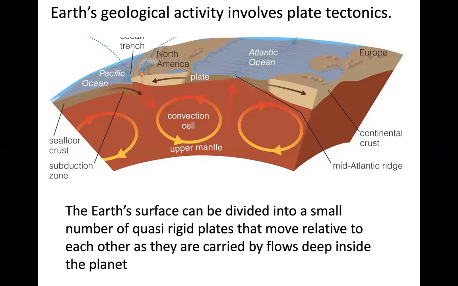The other way it happens is you can have a place where there is some material in the mantle that wants to go up, producing a hotspot that wants to create a volcano. But because these plates are moving, that material erupts at different points in the crust at different times.